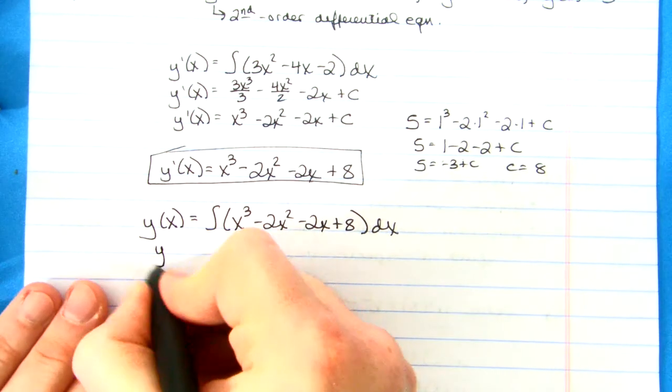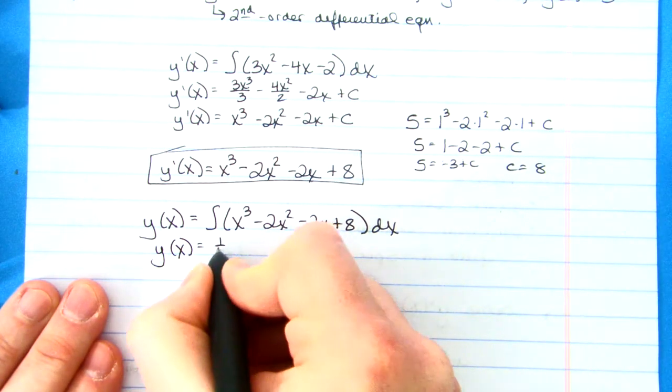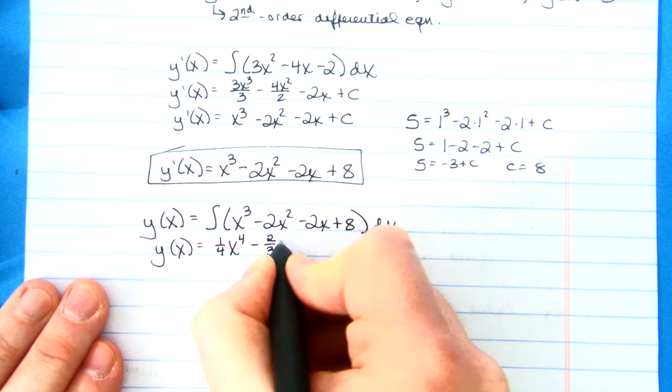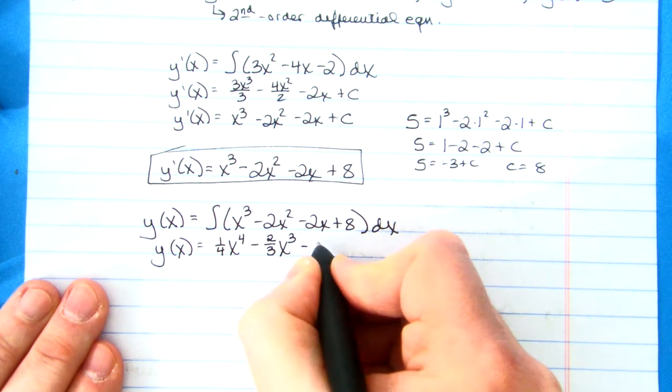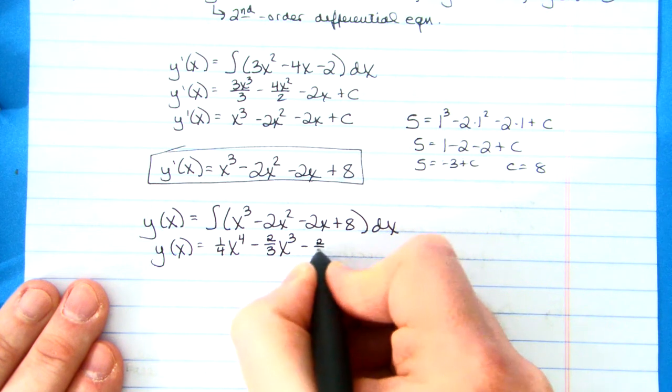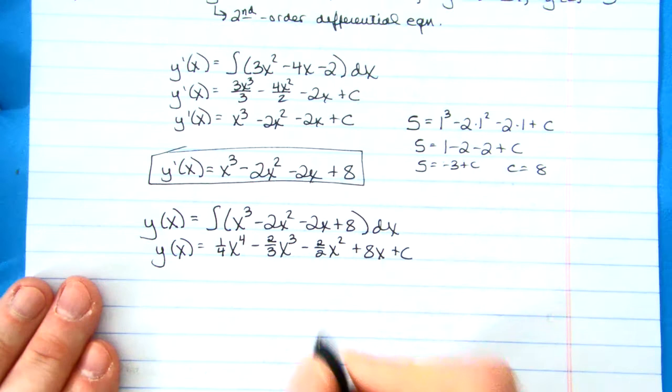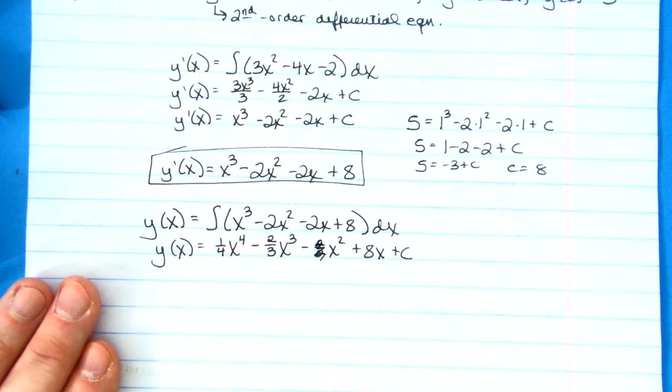Okay, so y of x equals 1/4 x to the 4th minus 2/3 x to the 3rd minus 2/2 x squared plus 8x plus a constant. That's really just 1, I don't need that.